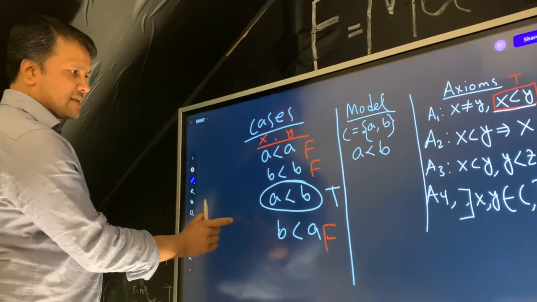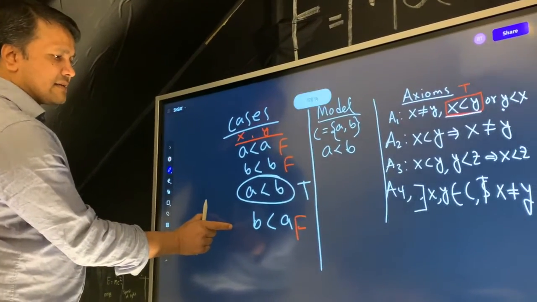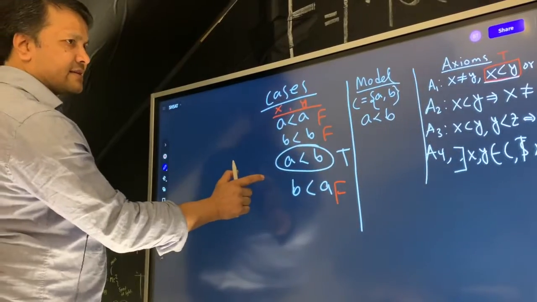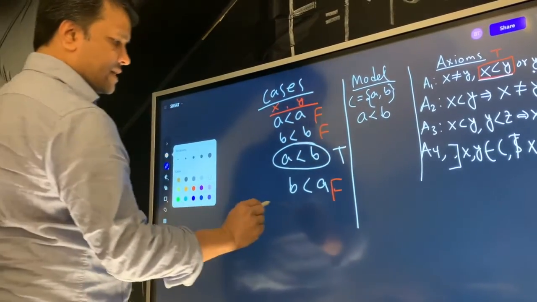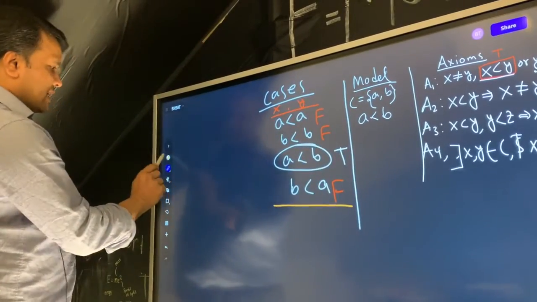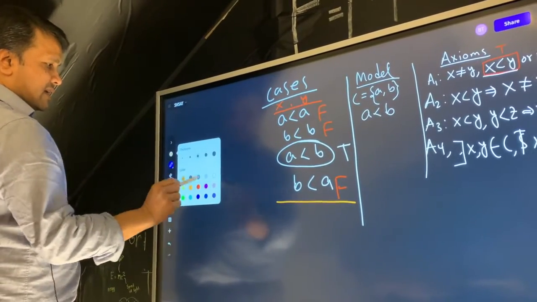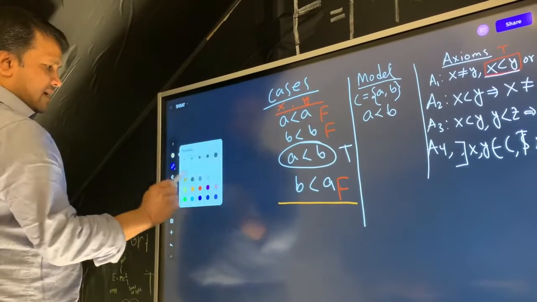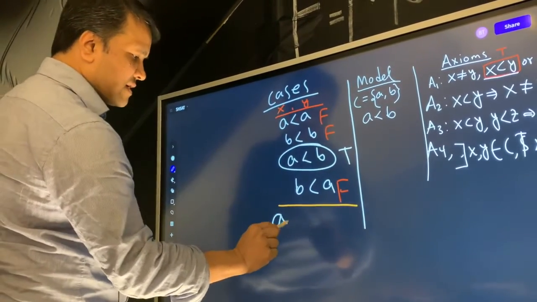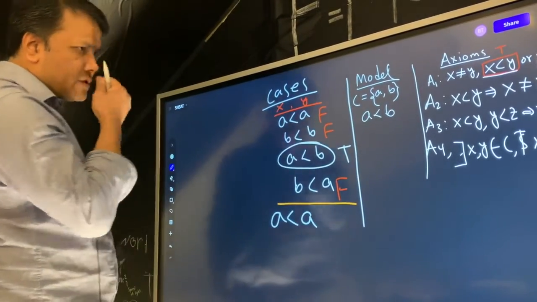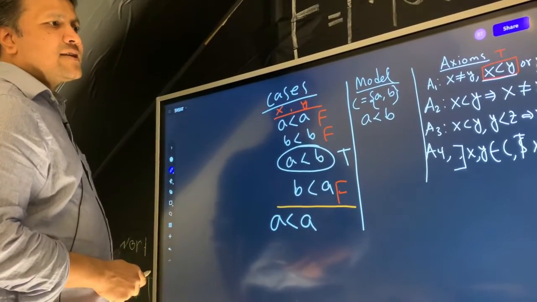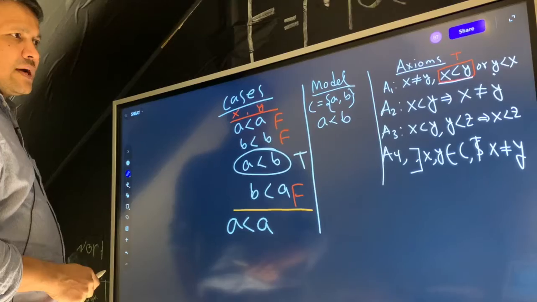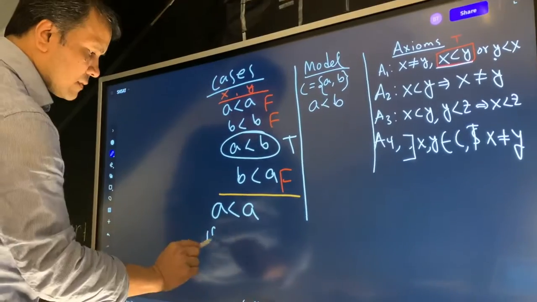How can we do that? Let's do it right here. We're going to prove that a is less than a is false. Which axiom is going to allow us to do that? Let's see. Axiom number 2 looks good.